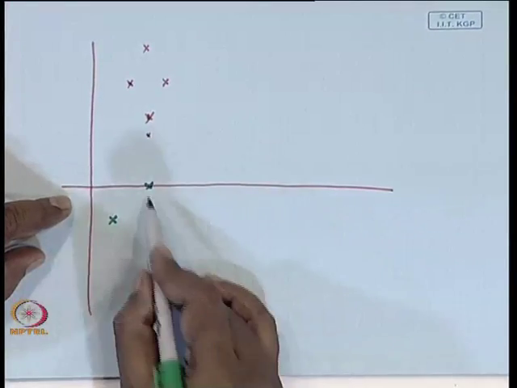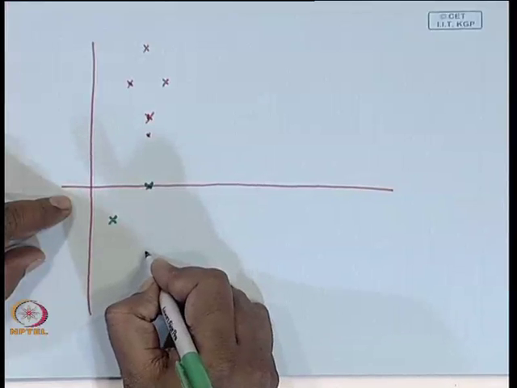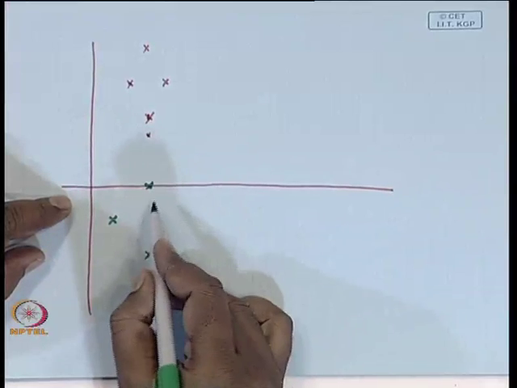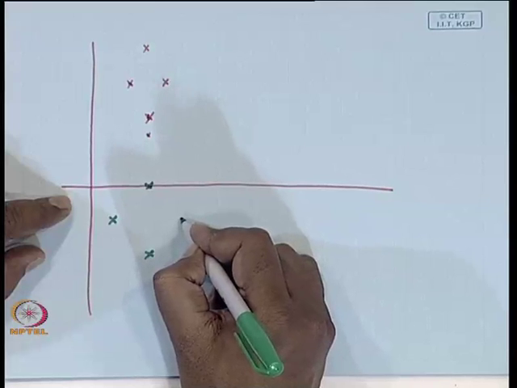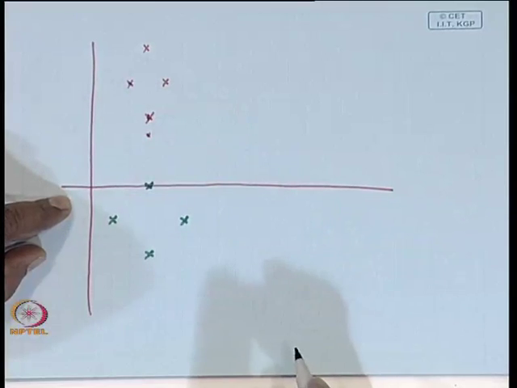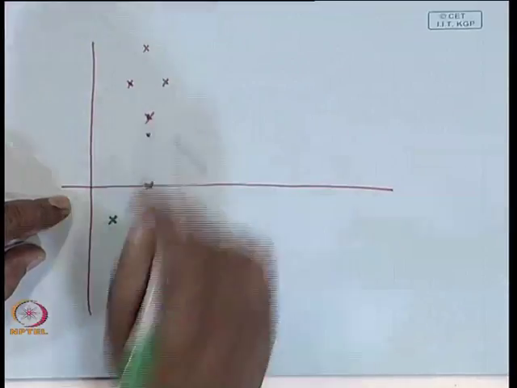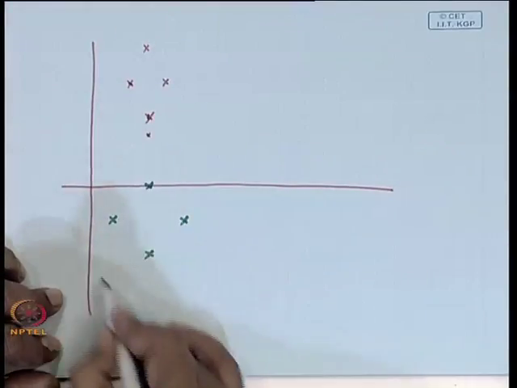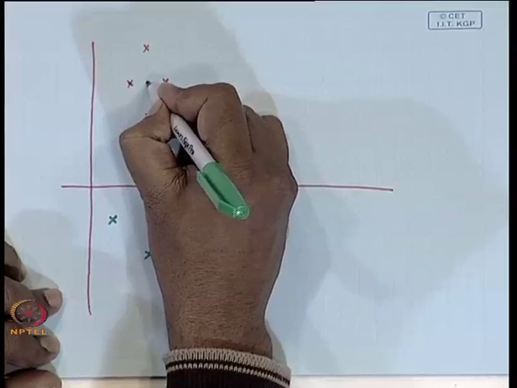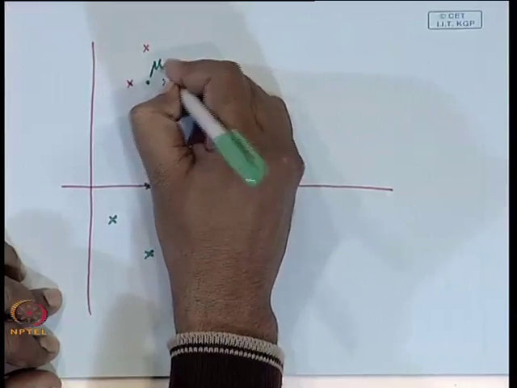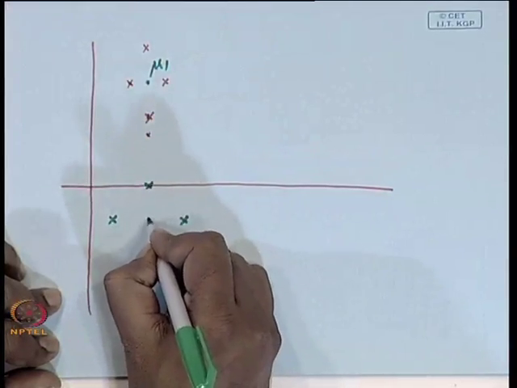I have 3, minus 4, that is this one, and I have 5, minus 2, that is this one. So, these are the points which belong to class omega 2. All these reds belong to class omega 1 and the greens belong to class omega 2. Mu 1 is somewhere over here, and mu 2 is over here.